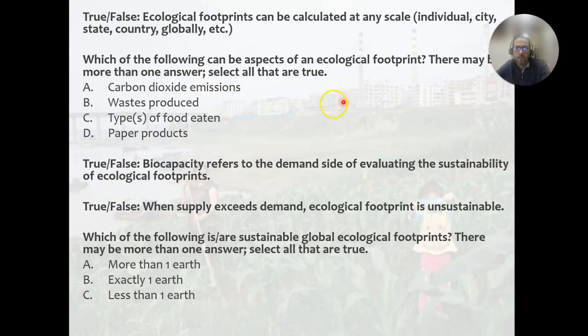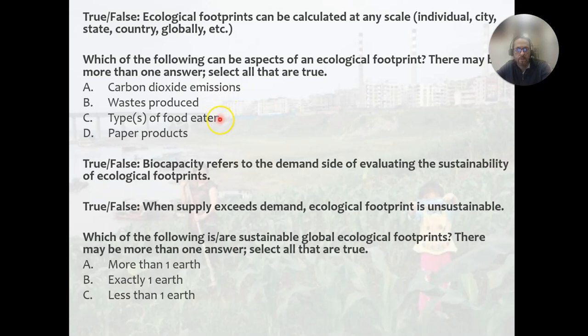Okay, so let's look at a few questions here. Ecological footprints can be calculated at any scale. True or false? That, of course, is true. Individual, state, country, whatever. Which of the following can be aspects of an ecological footprint? Carbon dioxide emissions? Absolutely, a huge part of our footprint. Wastes produced?